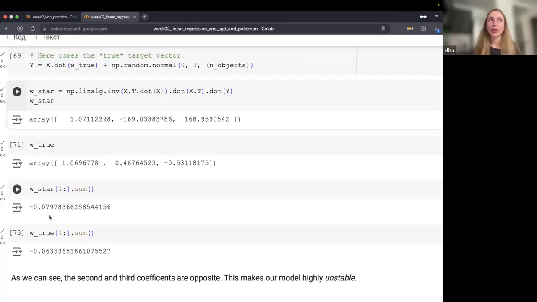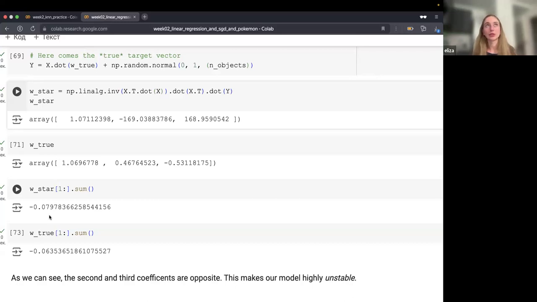And in this situation the model understands the common direction of learning, but it can't understand how to distribute weights between the third and second features.